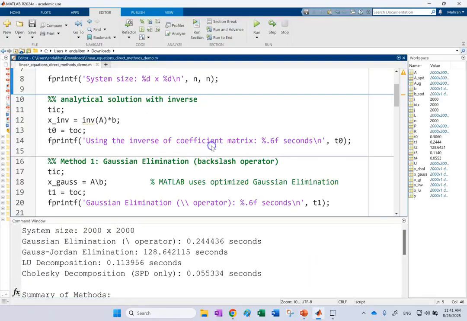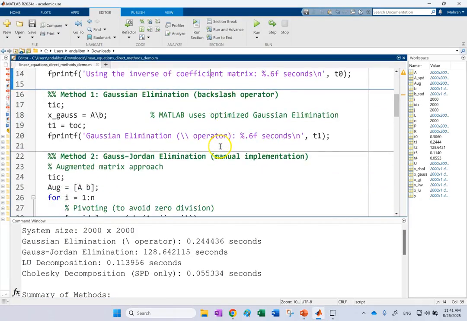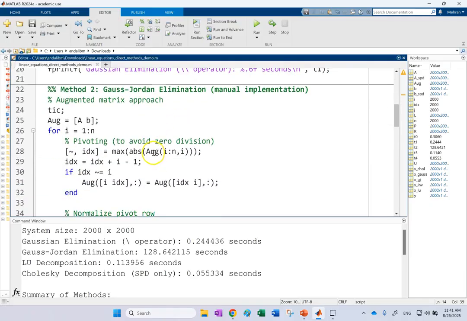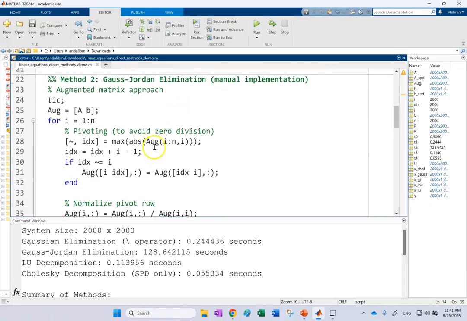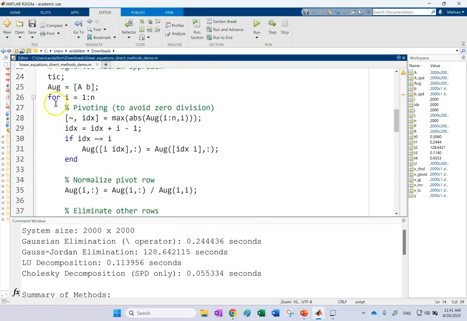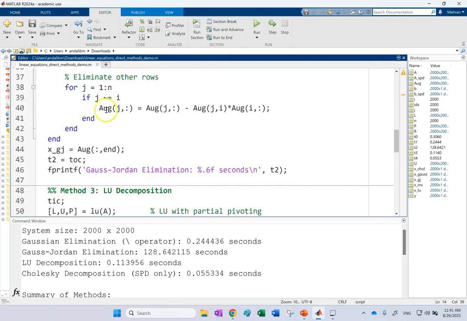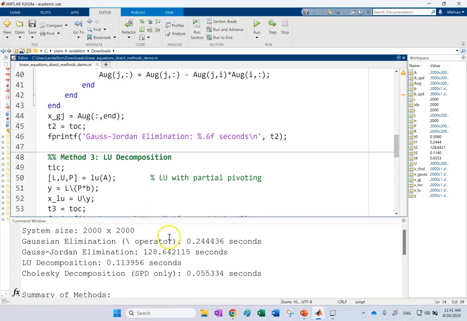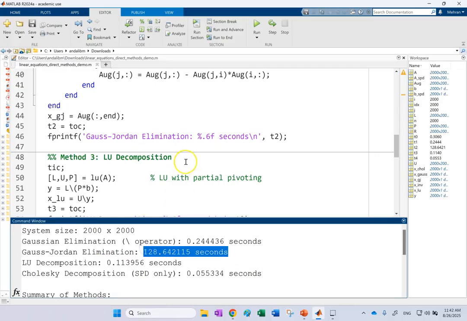So here in MATLAB, if I want to do the Gauss-Jordan elimination, there is no built-in MATLAB function. So for that, I need to use for loops, as you can see, nested for loops with ifs. And when I did that for these 2000 by 2000 equations, it took a huge amount of time, 128 seconds.